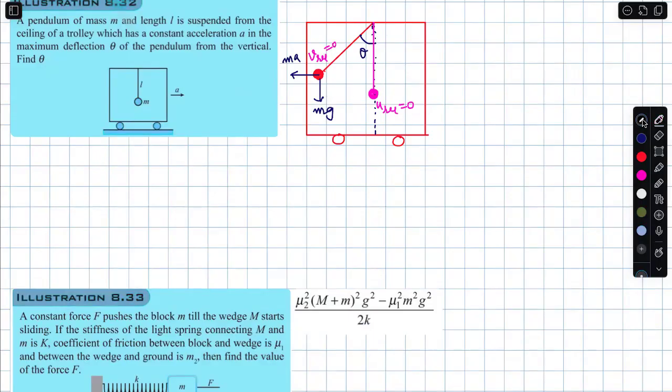Did you notice that? But again, the same situation. I don't see any difference between that problem and this problem. I am applying the work energy theorem in the reference frame of the container. Now this will become mAL sin theta.